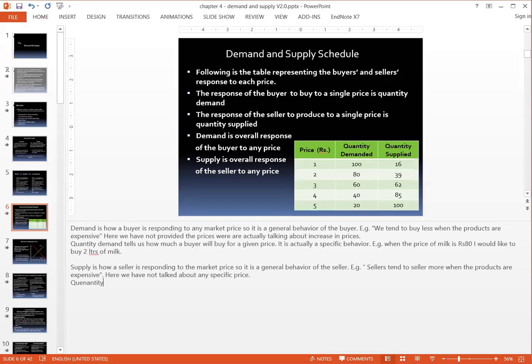Further, quantity supply tells us how much a seller will prefer to sell for a given price. It tells the specific behavior of the seller.